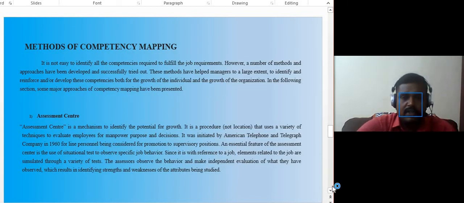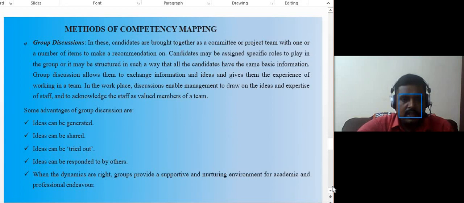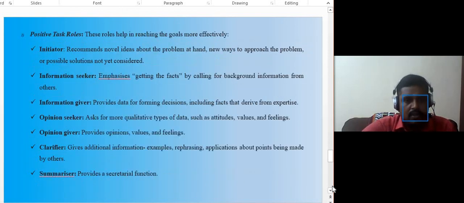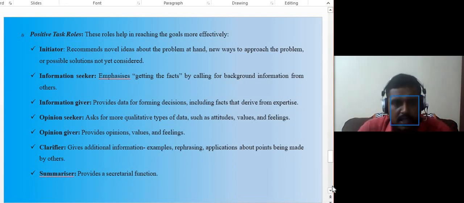And the methods of competency mapping: the assessment center method, the group discussion method, some of the advantages of the group discussion method, and the positive task roles of competency mapping, from the initiator, information seeker, information giver, opinion seeker, opinion giver, clarifier, and the summarizer.